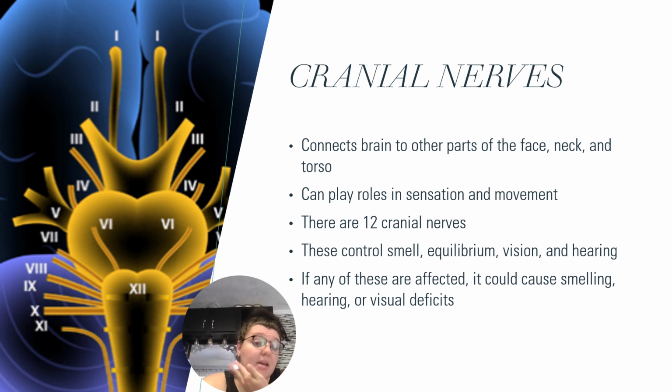So anything you smell, hear, and see, it's all because of these cranial nerves. If any of these are affected, you may not be able to smell as well, if at all, or hear, or even see. So they're very important things.